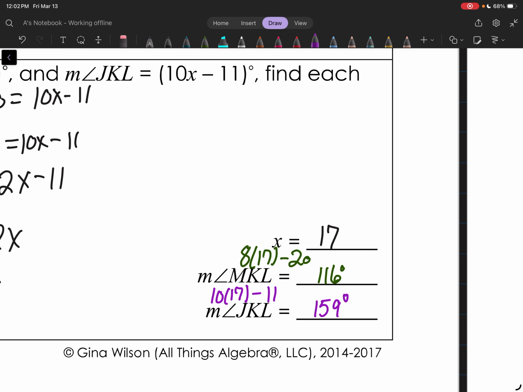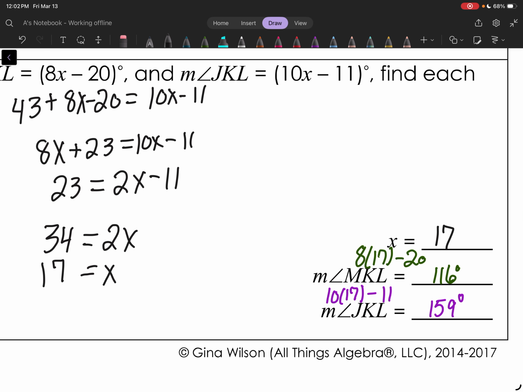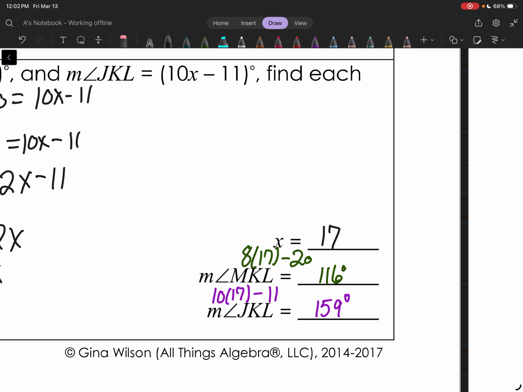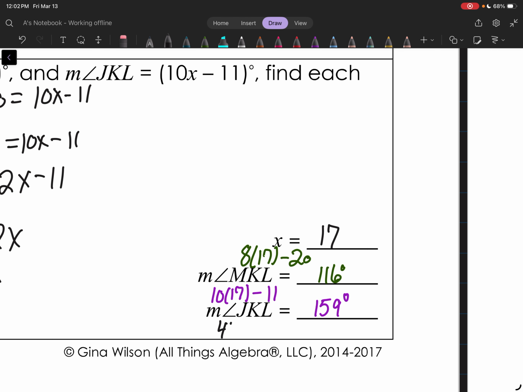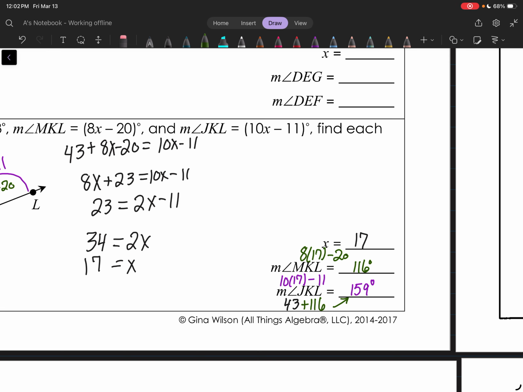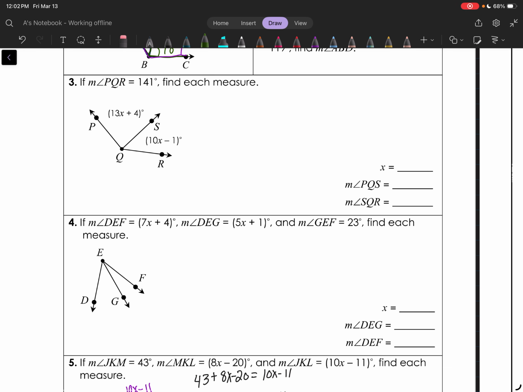Or, in my opinion, easier, you could have just used the 43 it gave you and added the 116 from MKL, and it still would have gave you 159. Either way, your choice. Try 3 and 4.